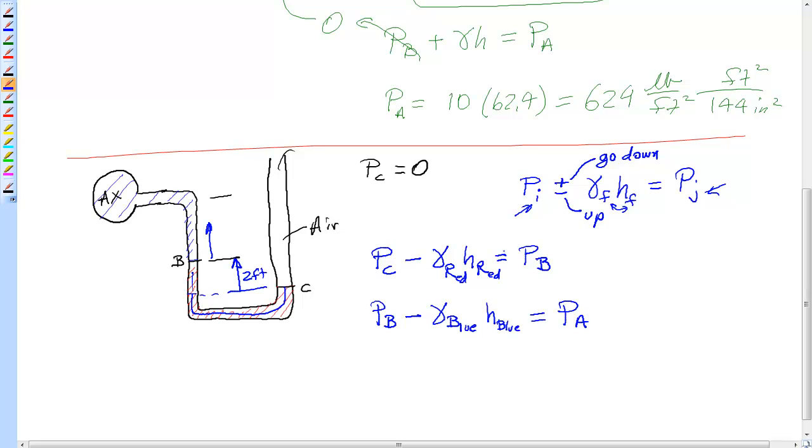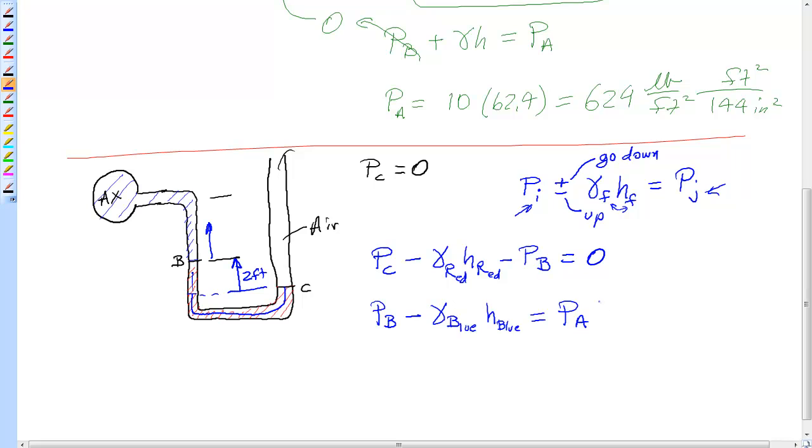Let's move this to this side of the equation. Only on this one. If we do that, what we end up with is it becomes a minus and it becomes equal to 0.